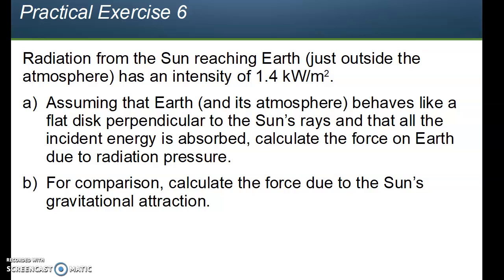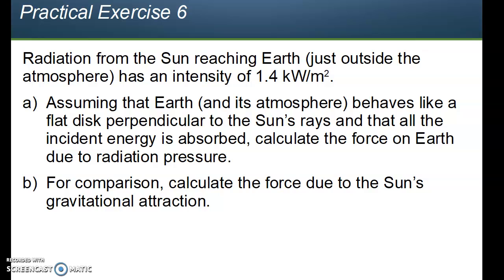Assuming that the Earth and its atmosphere behave like a flat disk perpendicular to the sun's rays. I know, all the flat Earth people are going to be really happy with that part, aren't they? That all the incident energy is absorbed. Calculate the force on Earth due to the radiation pressure. And for comparison, calculate the force due to the sun's gravitational attraction.